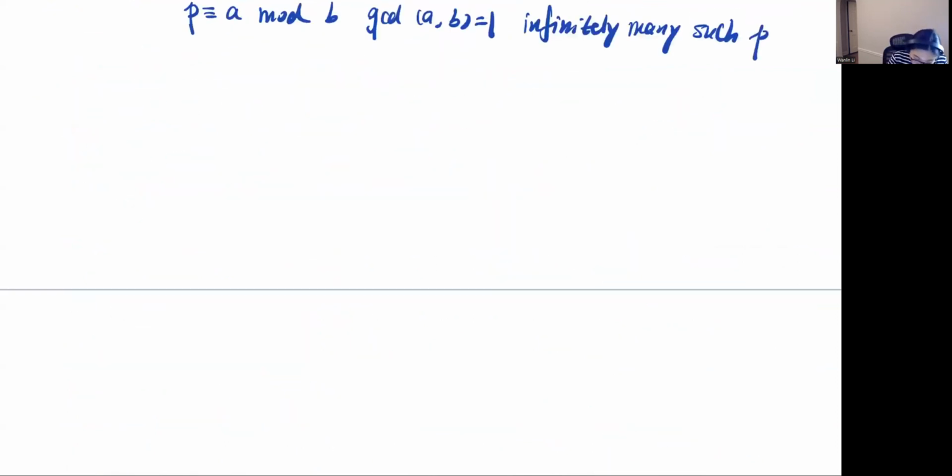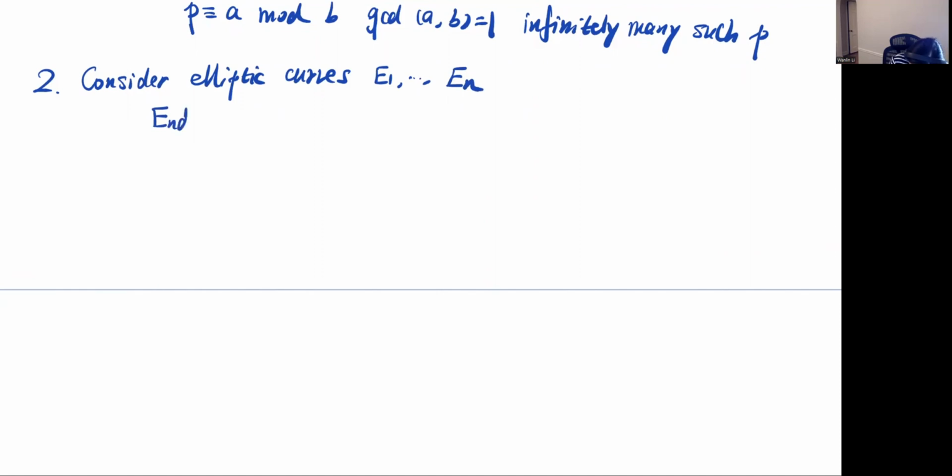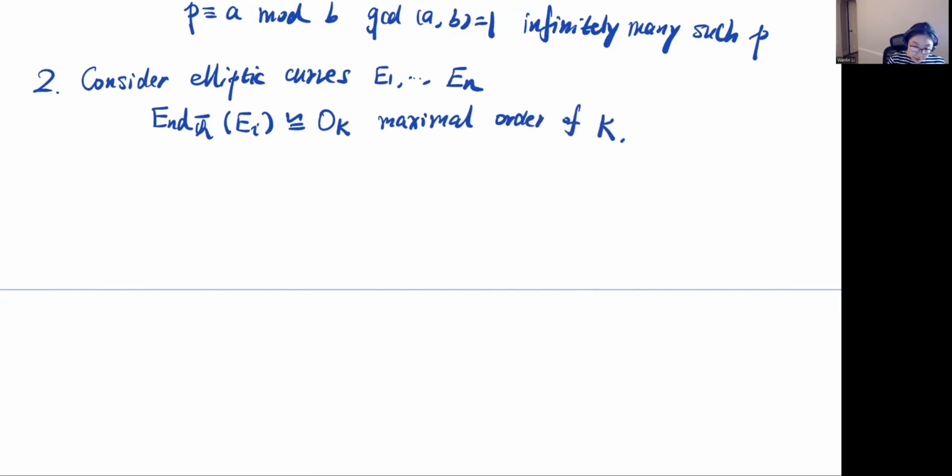Now step 2, consider elliptic curves E1 through En such that the endomorphism rings of these E_i are isomorphic to the maximal order O_K, the ring of integers of K. I will take all of these elliptic curves.